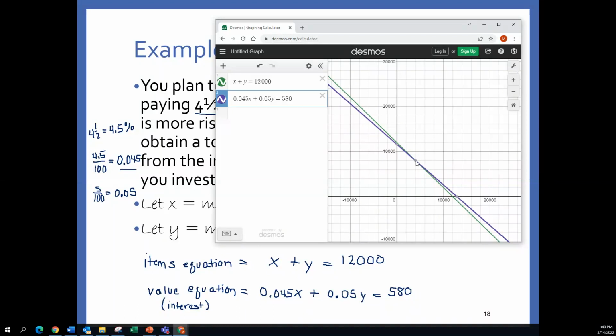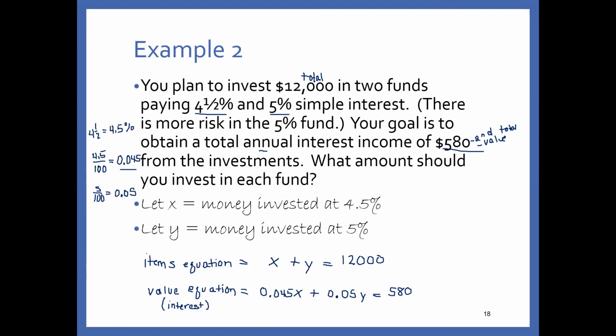So I click, and Desmos will show me key points, and it shows me that these two lines intersect at 4,000, 8,000. So I want to take that information back to make sense of it in my word problem. So from my Desmos, I get the ordered pair 4,000, 8,000.